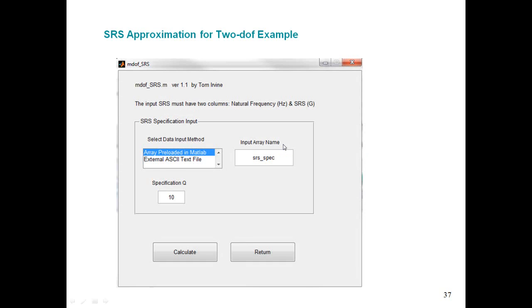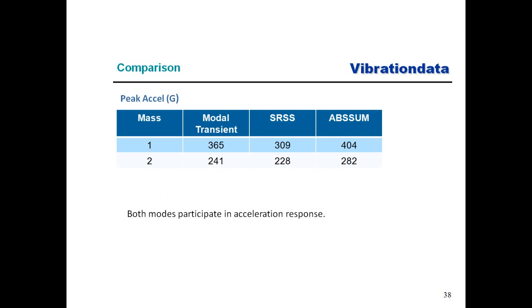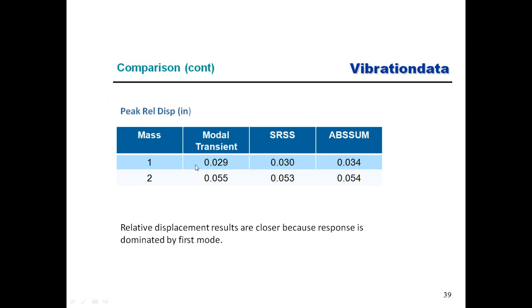It could just be some imperfection in our synthesis, or some significant digit thing, or some numerical thing of some sort. And I'm just not going to worry about that, because for shock and vibration analysis purposes, those values are very close to one another. So again, I guess if we want to be conservative, we'd go with the ABSUM values, although in this case, the modal transient was 1/1000th of an inch higher, which is just a trivial difference.